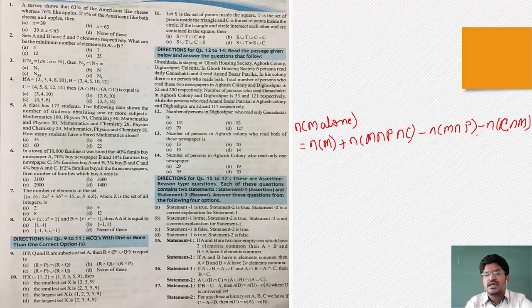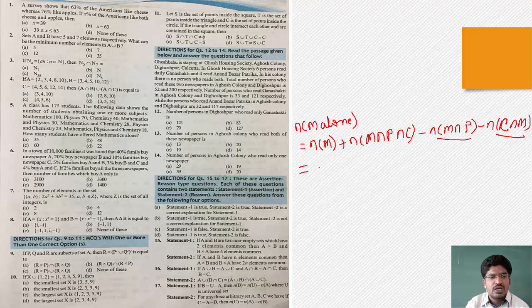If you subtract them from this data, they will be removed. That means only M will remain. If you remove this from n of M, it will remain with those who are studying only maths.